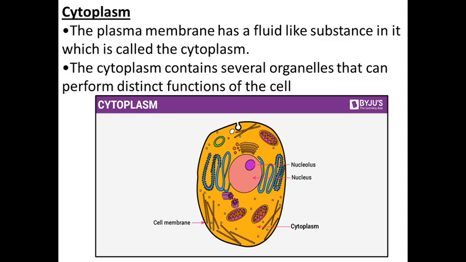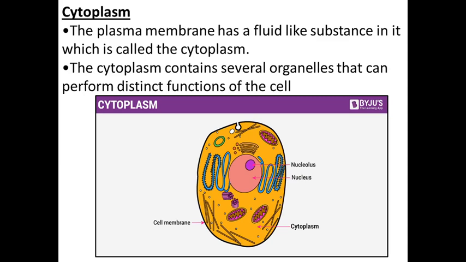So cytoplasm is actually a fluid-like substance which is present in the cell. Here you can see the yellow color is actually a fluid, your cytoplasm. That cytoplasm fills the cell and it is enclosed by the plasma membrane.